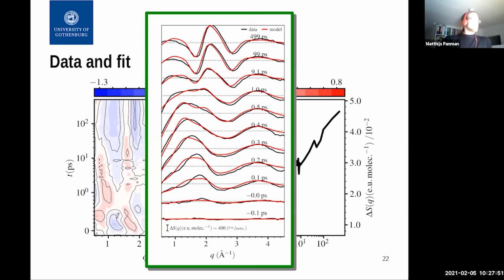And usually people also enjoy seeing the stack plot of the difference scattering. Again, you can see that the fit could be better, but at least it captures the main gist of the scattering.